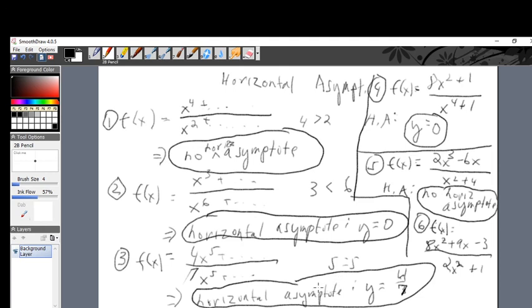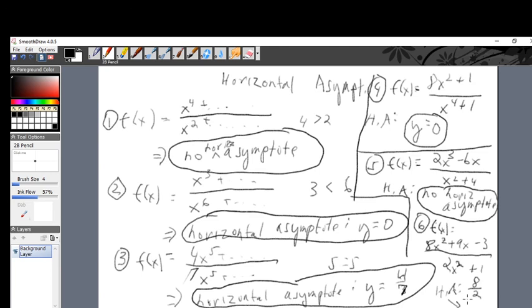When they're a tie, look it up. It's right here. The horizontal asymptote will be the ratio of their two coefficients. So the horizontal asymptote is going to be 8 over 2. But that's not the final answer. You obviously have to reduce that.